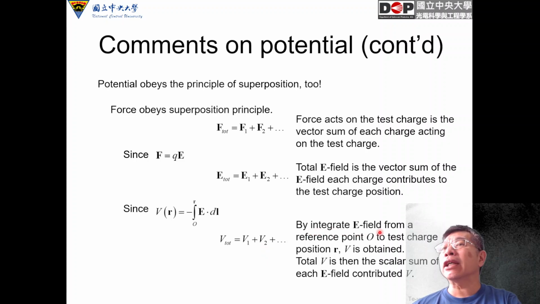By integrating the electric field from a reference point O to the test charge position R, V is obtained. So the total potential is the scalar sum of each contributed potential: the potential contributed by the first charge, the second charge, and so on.